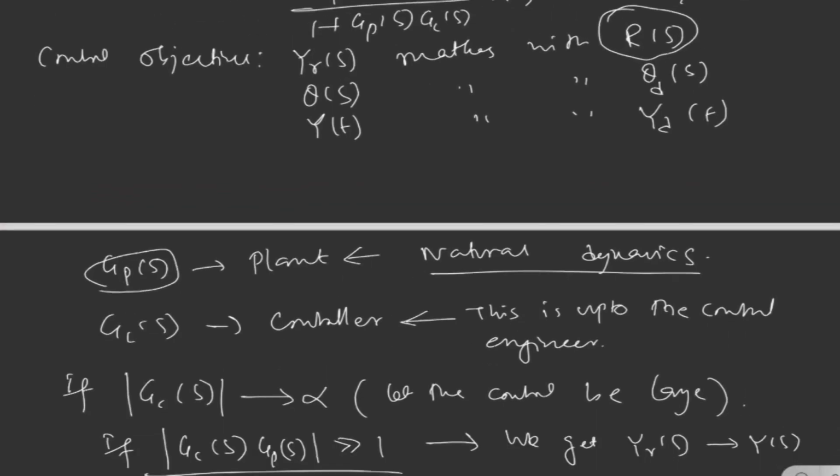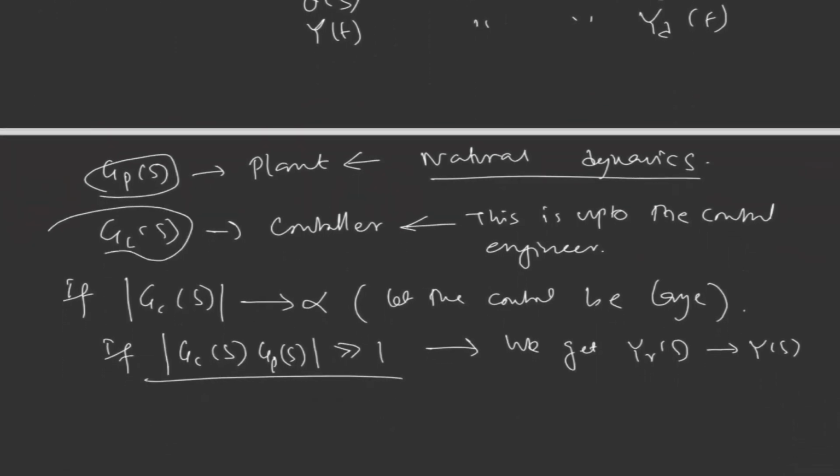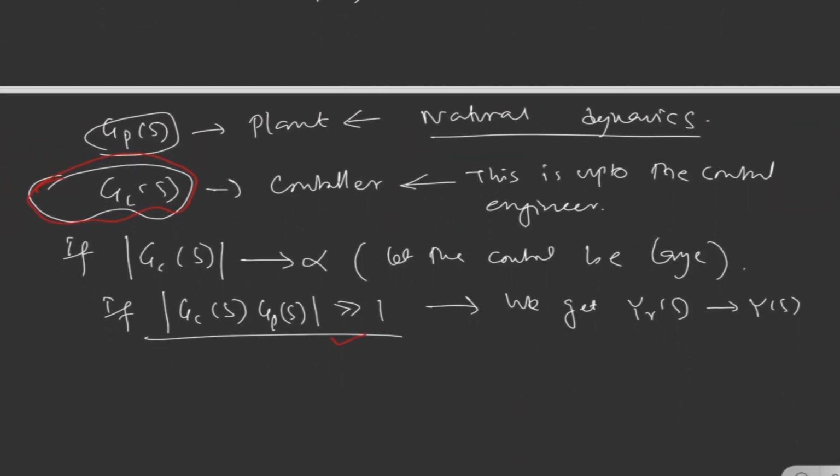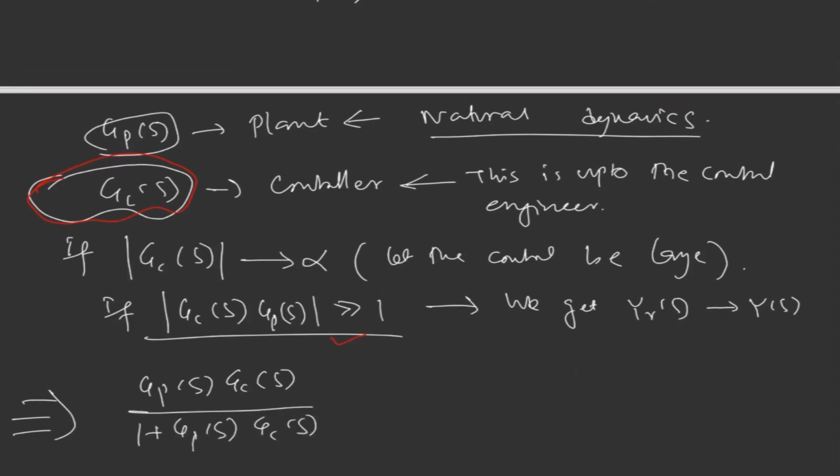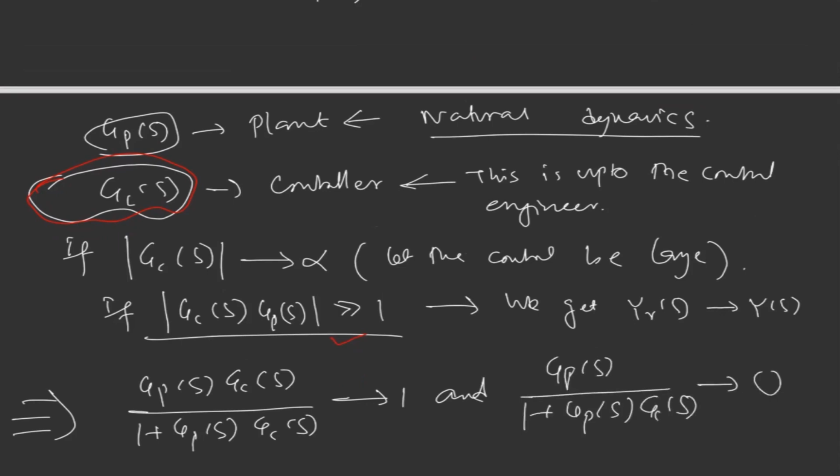So first, if we can design our control algorithm in such a way that this condition is fulfilled, then from this discussion we can write GP of S, GC of S divided by 1 plus GP of S, GC of S equals 1, and GP of S divided by 1 plus GP of S, GC of S goes to 0.